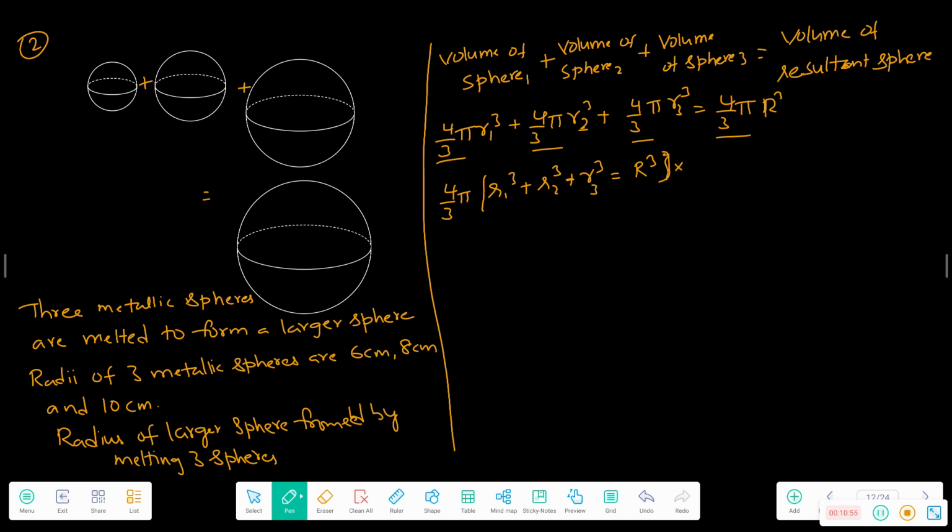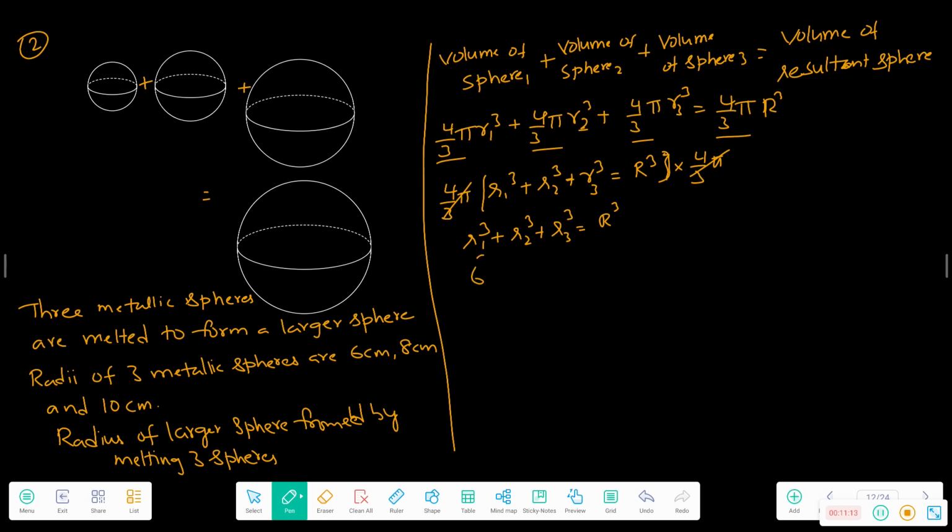capital R cube into 4 by 3 pi. So 4 by 3 pi, 4 by 3 pi get cancelled. So it is nothing but r1 cube plus r2 cube plus r3 cube is equal to capital R whole cube.